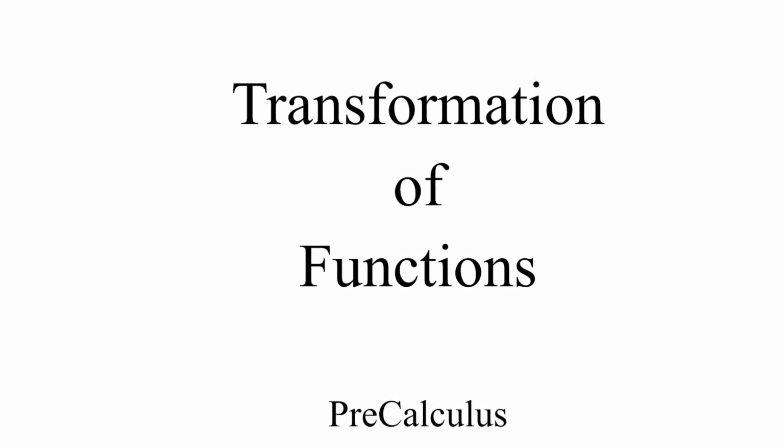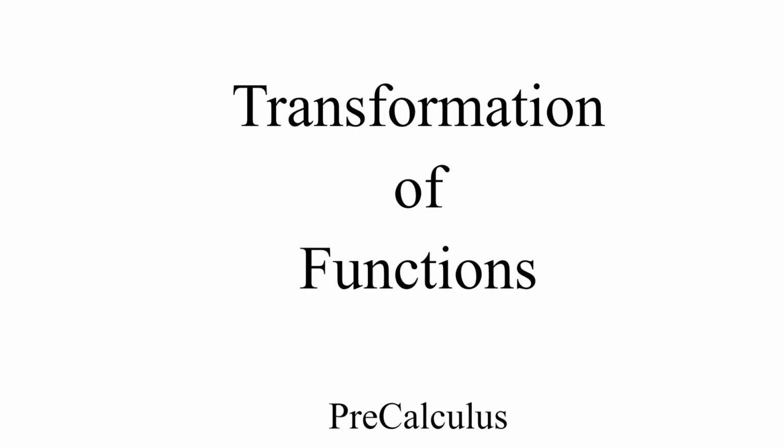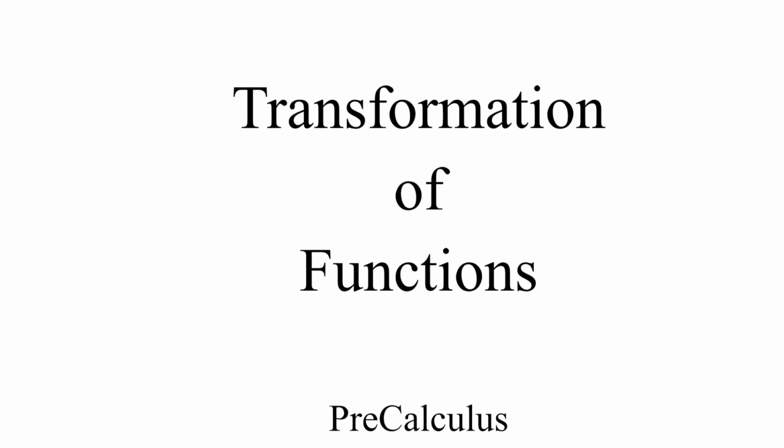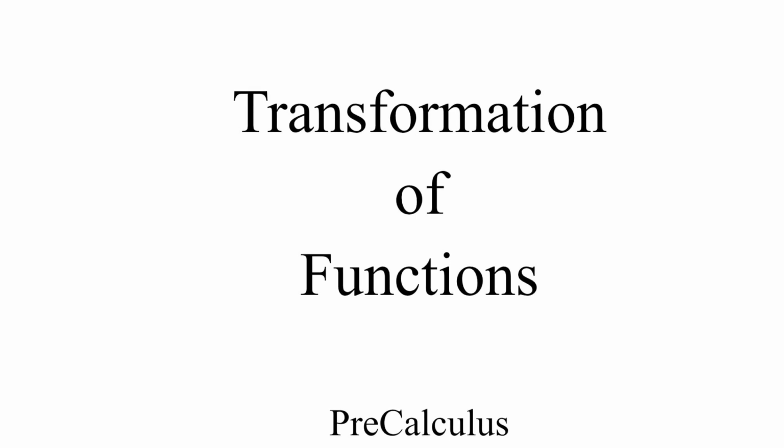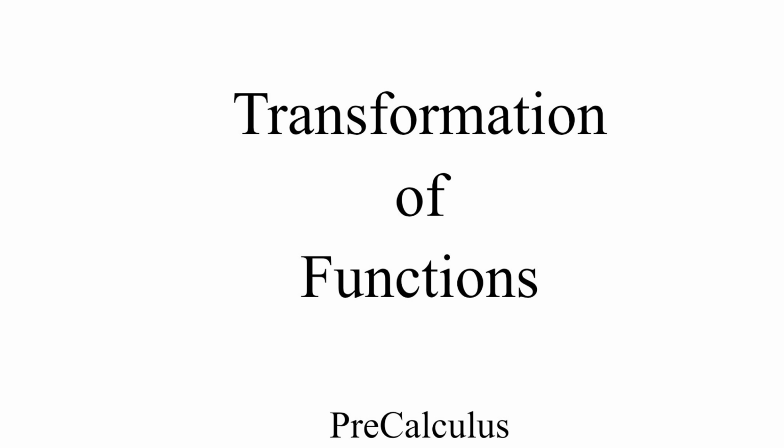There are 3 steps to this transformation, and we will work from the inside out. Starting with the horizontal transformations, f of 3x is a horizontal compression by 1 over 3, which means we multiply each x value by 1 over 3.